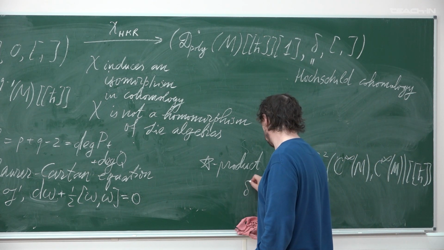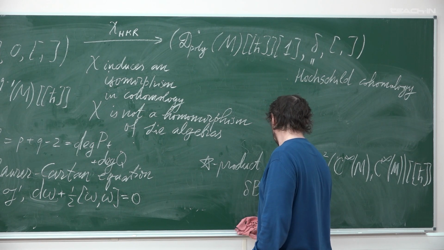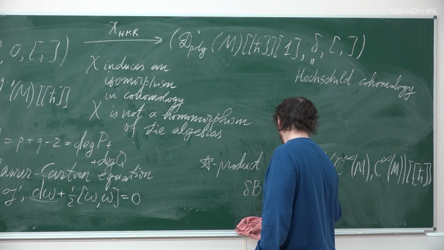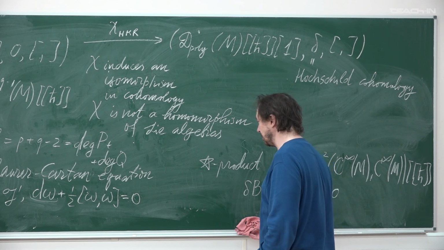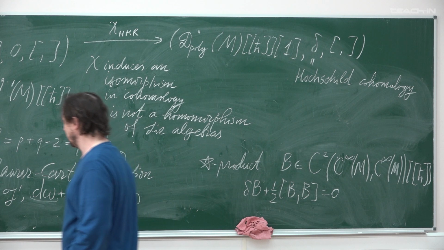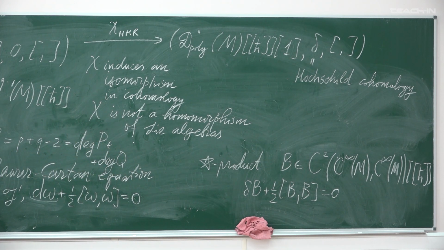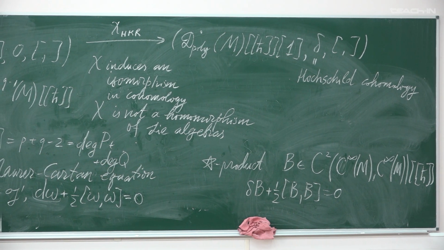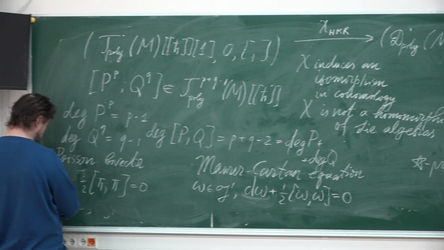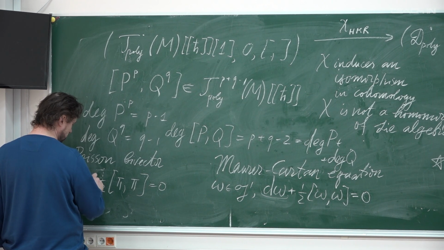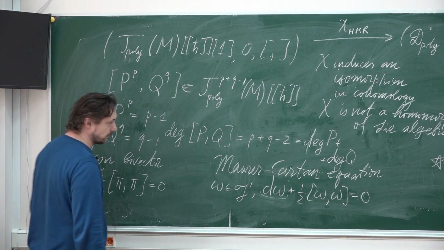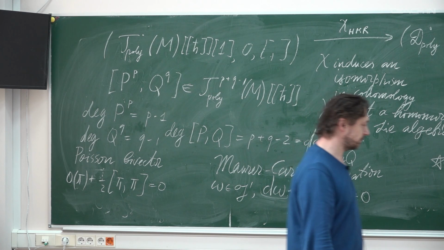And the condition is that delta B plus 1/2 B comma B is equal to 0. It is precisely the associativity condition. Here you can add 1/2 and a differential, trivial differential. So both verify the same equation.